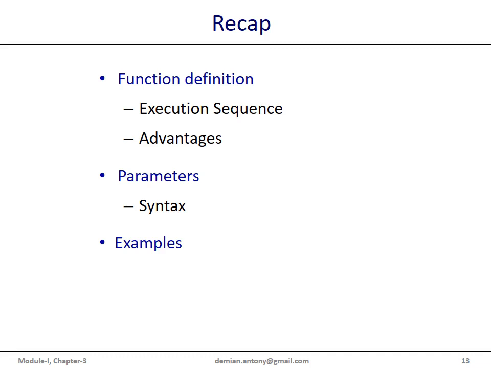The programmer can also define functions with parameters and without parameters. And by this time, you are in a position to write programs involving functions to improve the efficiency of code in terms of number of lines.